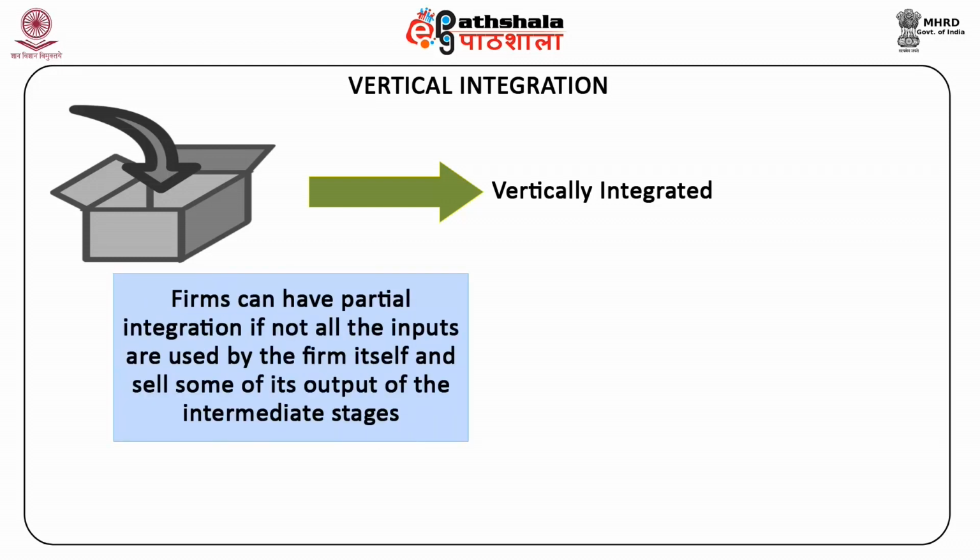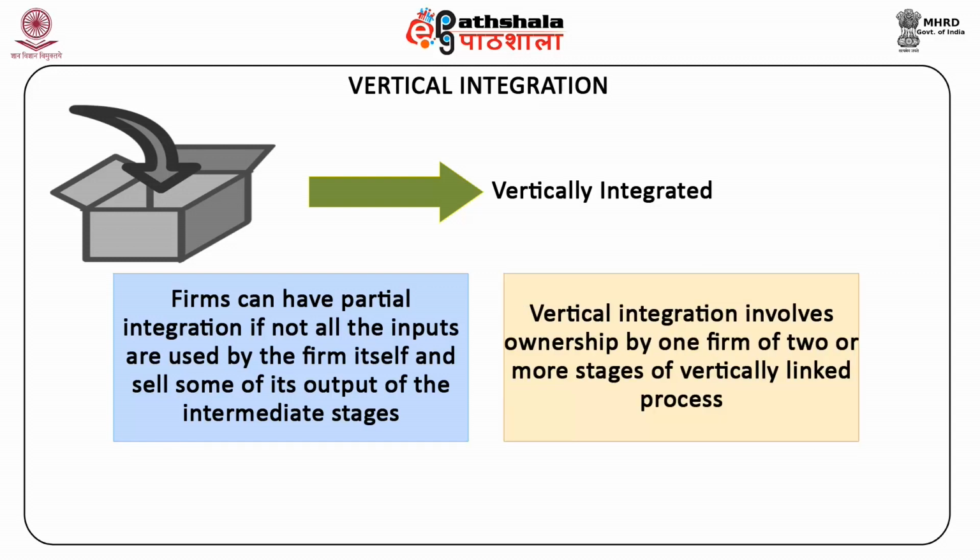Firms may go for partial integration if not all the inputs are used by the firm itself and it either sells some of its output of the intermediate stages or buys inputs at other stages. Vertical integration involves ownership by one firm of two or more stages of a vertically linked process.